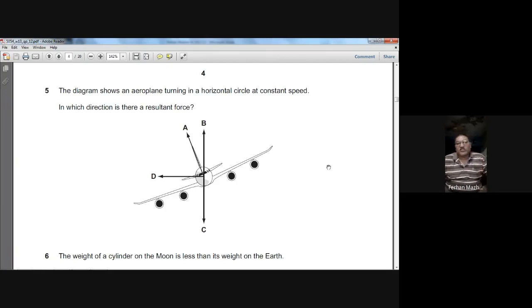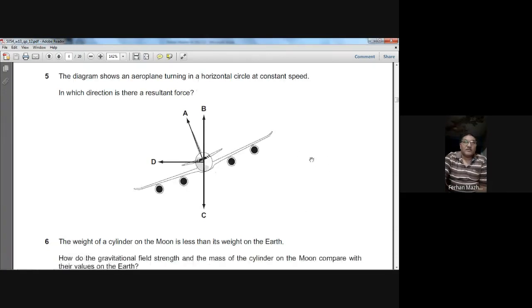But here the question is, what is the direction of the resultant force? That will be towards the center of the circle in which you are turning. So if you look at that figure, option D is pointing towards the center of that circle in which you are turning. So D is the option. Resultant force is in the direction of D.